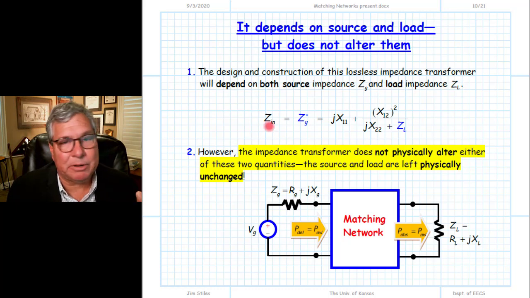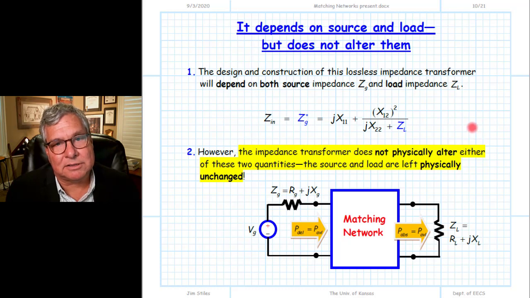We know the input impedance of a two-port device, or more specifically a lossless two-port device, that is connected to a load ZL. We know that input impedance is equal to this. We discovered this earlier. Notice it depends on ZL, as it must, but it also depends on the transimpedance parameters of our lossless device. In other words, it depends on what's inside this blue box of the matching network.